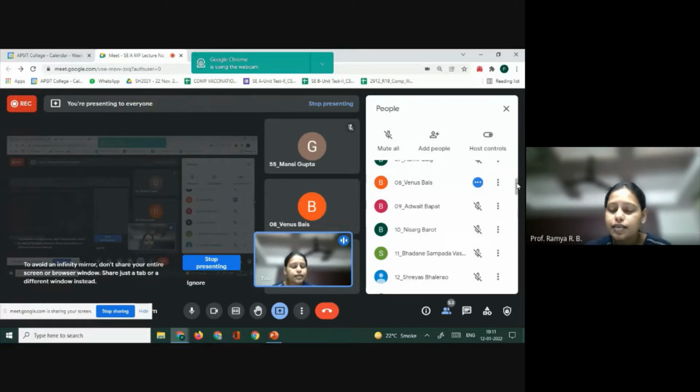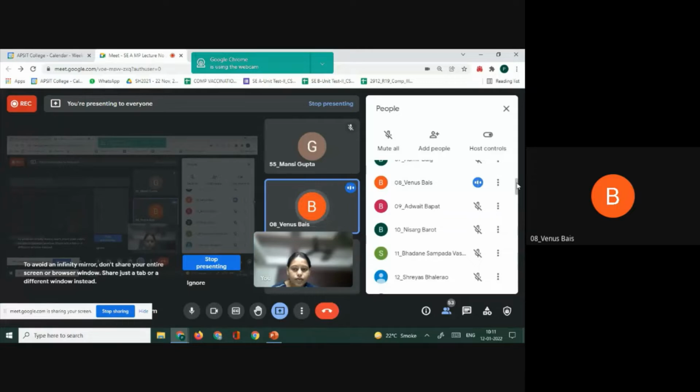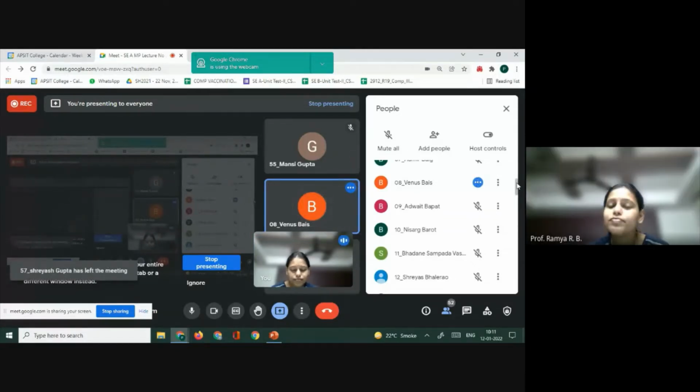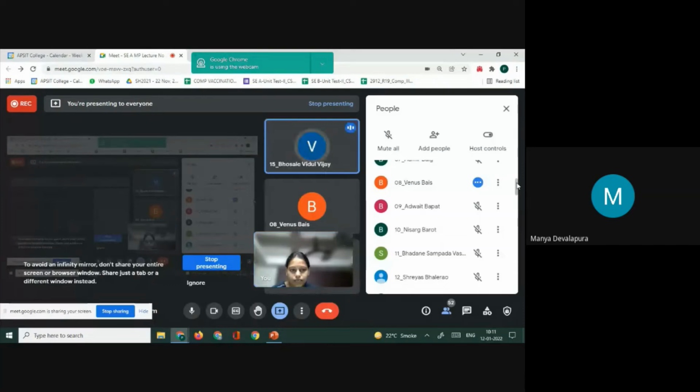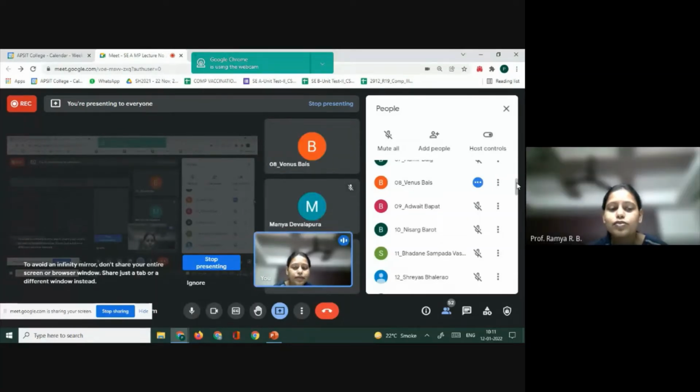Because where are data and instructions stored? Where are data and instructions stored in a computer? In the memory. So where are they going to get executed?